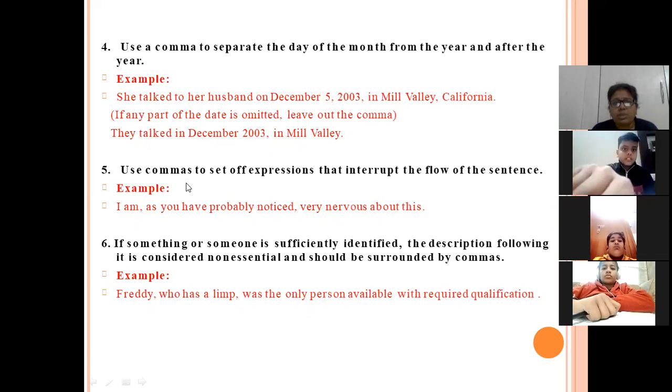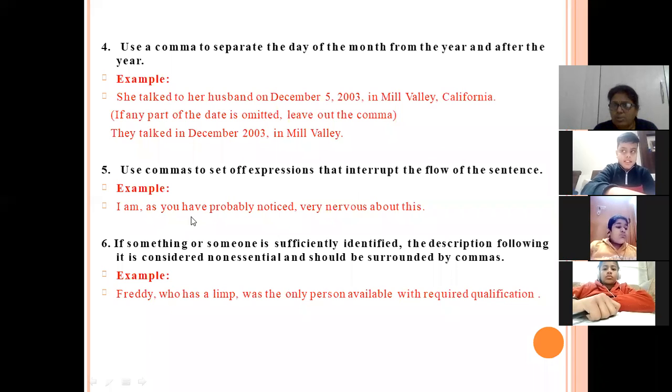Now use commas to set off expressions. If you are just setting off the expressions that are interrupting the flow of a sentence, then we can use commas like: I am, as you have probably noticed, very nervous about this. So you are setting off the expressions.